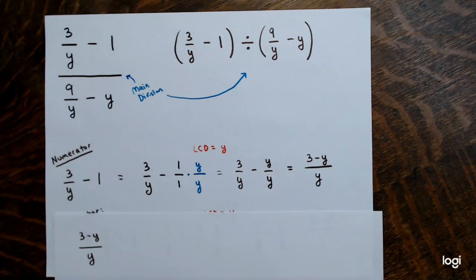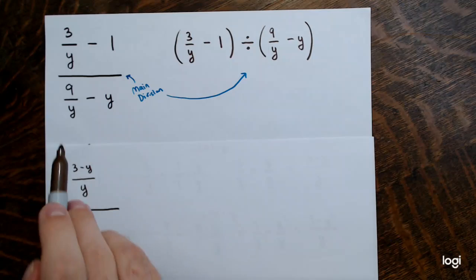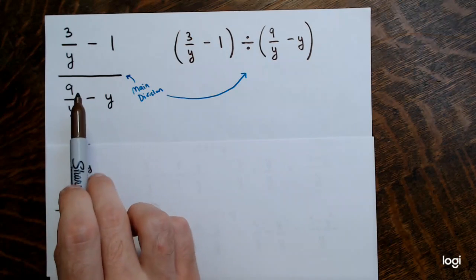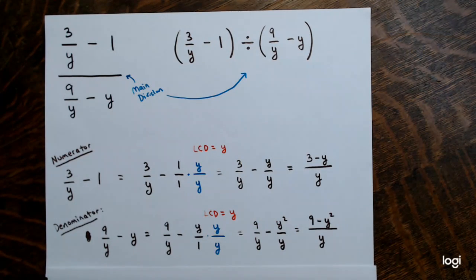We saw that there. Divided by, and then the denominator under the main division bar here, 9 over y minus y, that's 9 minus y squared over y. And we saw that just there.